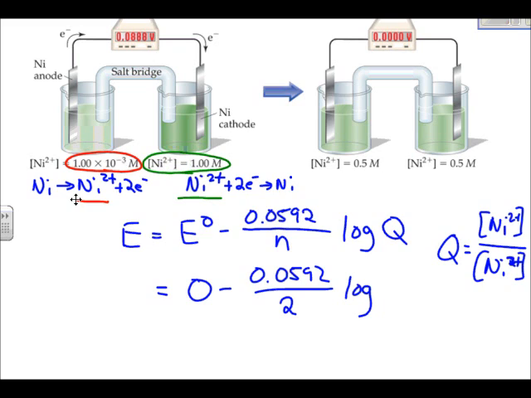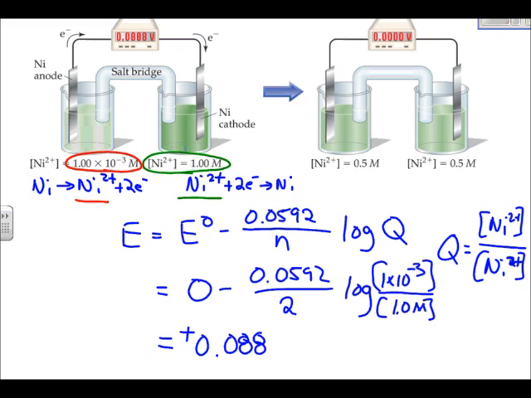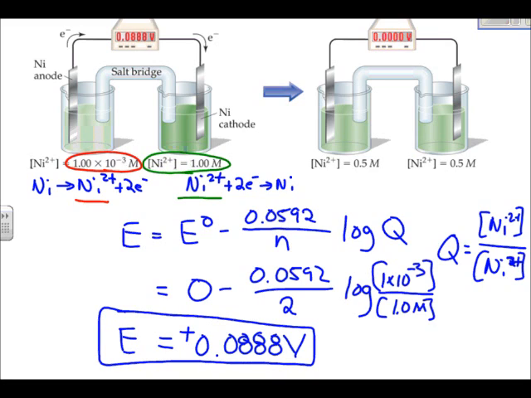So if we plug those into the formula here, we have the 1 times 10 to the minus third molar solution on the top, and 1.0 molar concentration on the bottom. When you do the math here, you end up with positive 0.0888 volts.